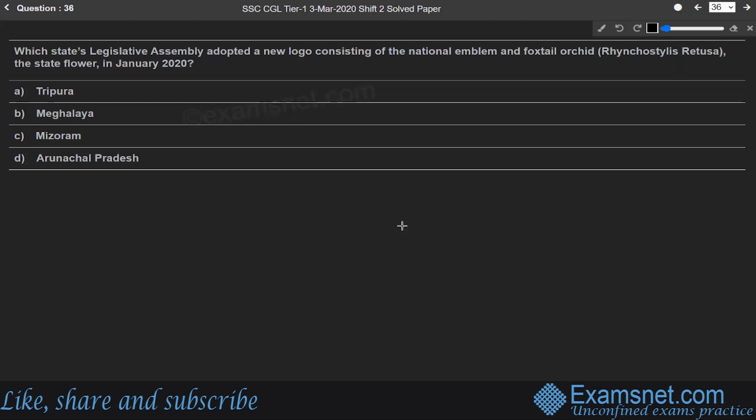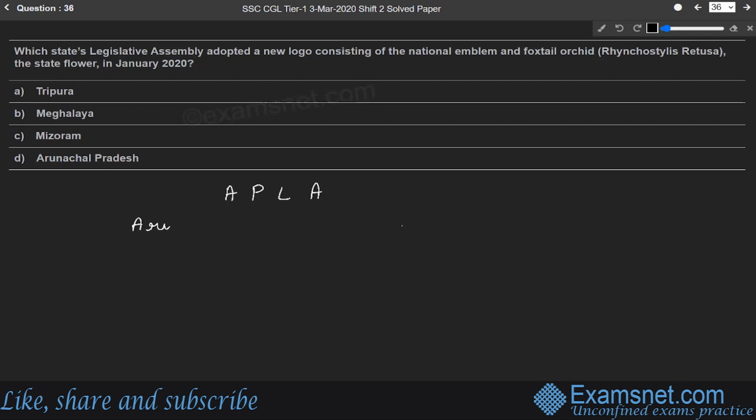To get the right option, firstly, let us understand the question. We have to find the state legislative assembly that adopted a new logo consisting of the national emblem and foxtail orchid. So the legislative assembly that adopted a new logo is APLA. What is APLA?